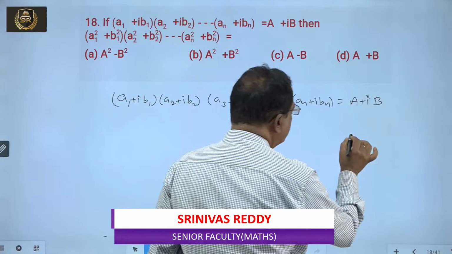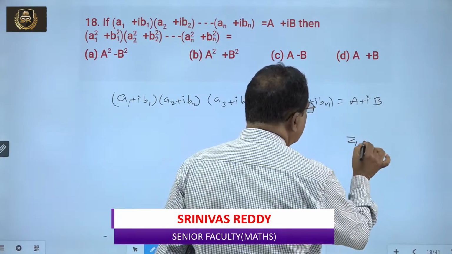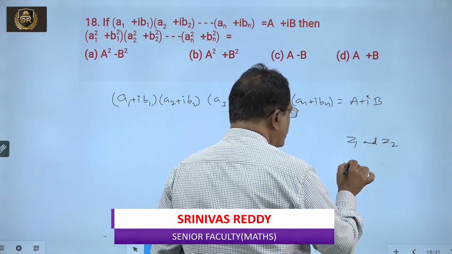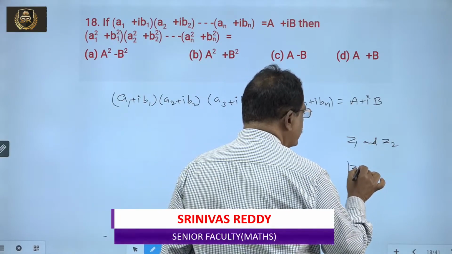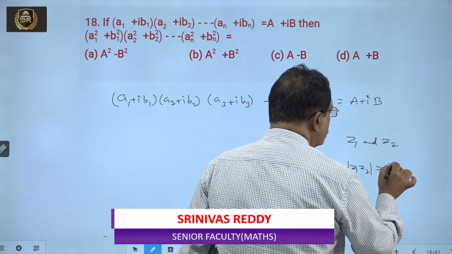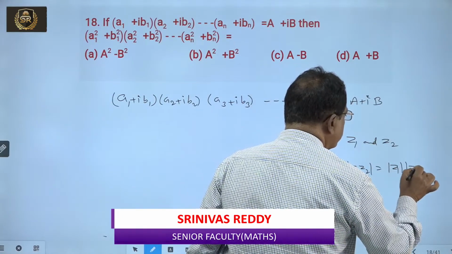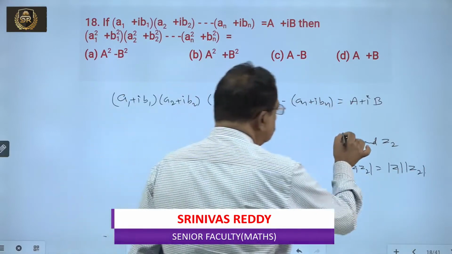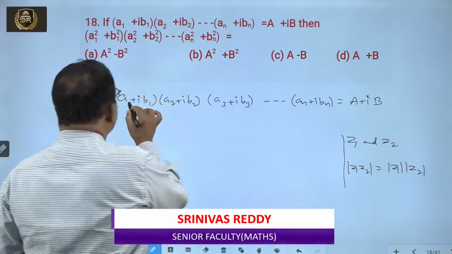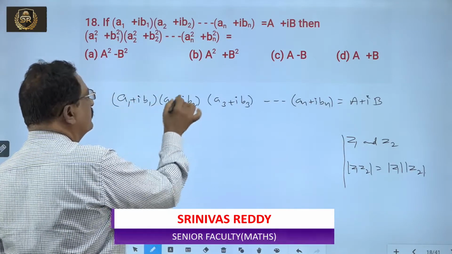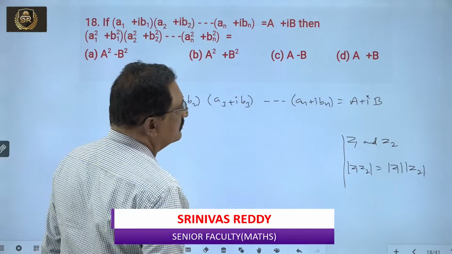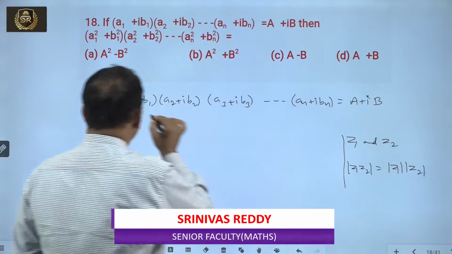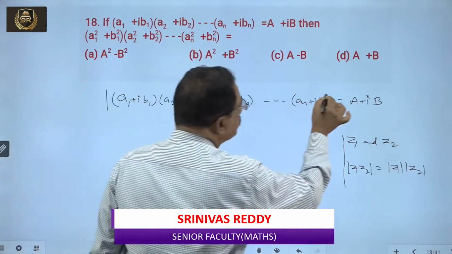Suppose z1 and z2 are two complex numbers. Now, mod of z1 z2 equals mod z1 into mod z2, as we discussed in the last class. Here, given a1 + ib1 is considered z1, then z2, z3 up to zn, equals capital A + i capital B. Now, take modulus on both sides.